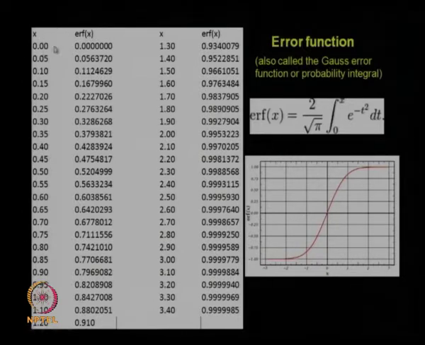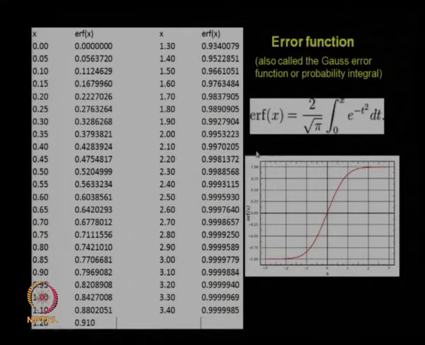You can see that when x is equal to 0, the error function of x is equal to 0, and it keeps going up initially sharply, but then later on it sort of stabilizes, peters out, and then it reaches a value of 1. So beyond a point, around 1.5 or 1.6 or 1.7, you can see the error function of x is almost close to 1.